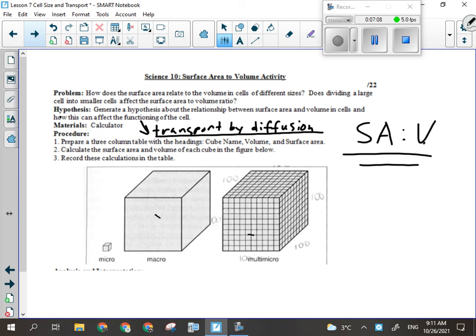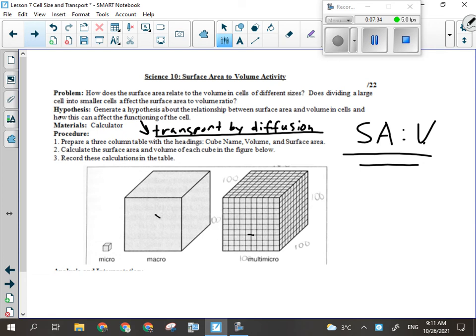So the volume of this little cell is obviously much smaller than the volume of this one, right? Even though the organism is the same size. The surface area to volume ratio of this one is much better than this one, okay? Because instead of being one big cell, it's many small cells, okay? Everybody with me there? Okay.